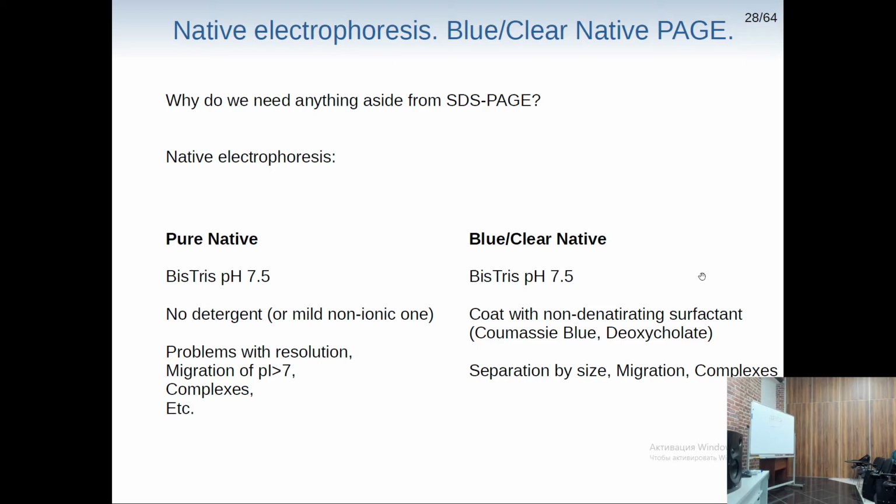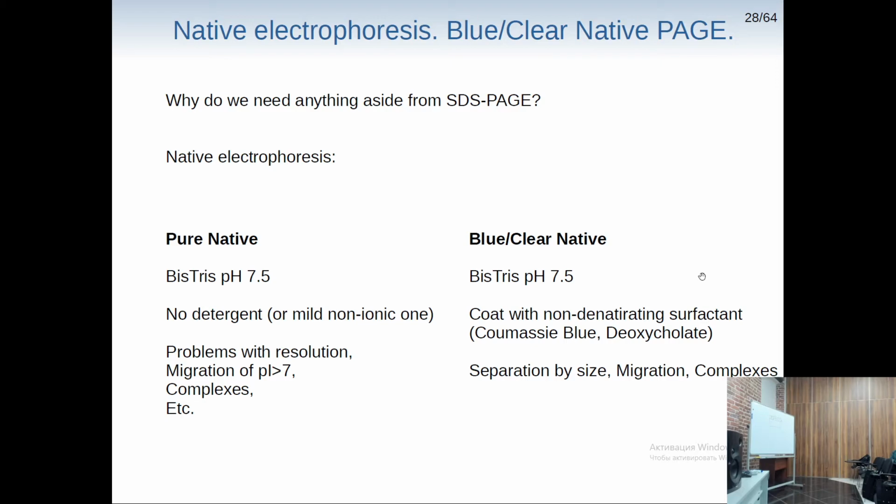Coomassie blue is actually a dye that we use to stain our gels, and Coomassie blue has the ability to stick to proteins. And what is really nice, it has a small negative charge.